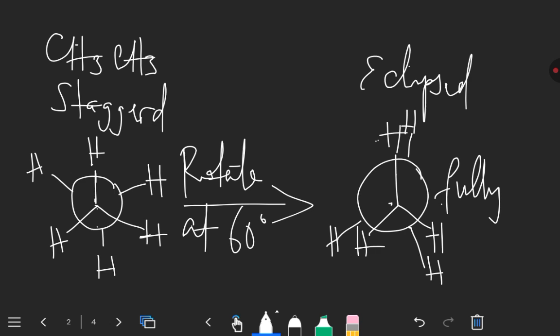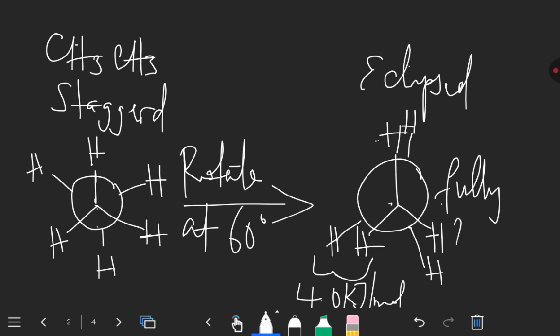Then when you look at the energy in eclipse, here there is the energy between this hydrogen and hydrogen. It is 4.0 kilojoules per mole.